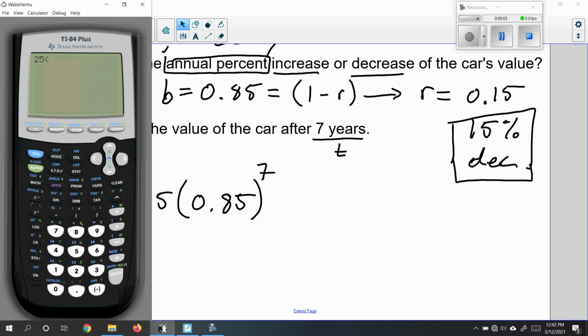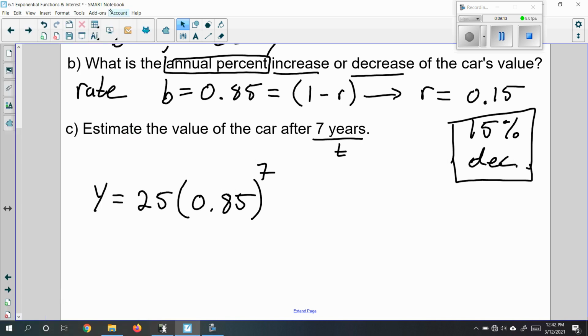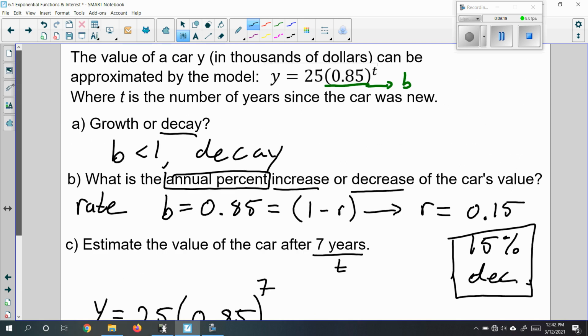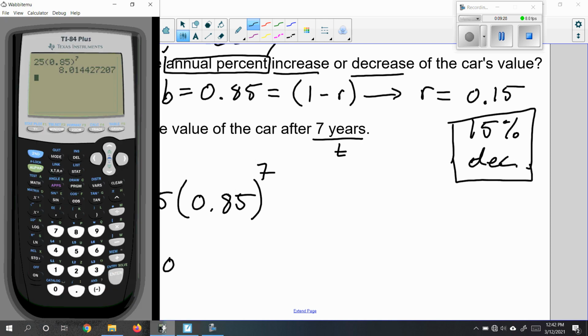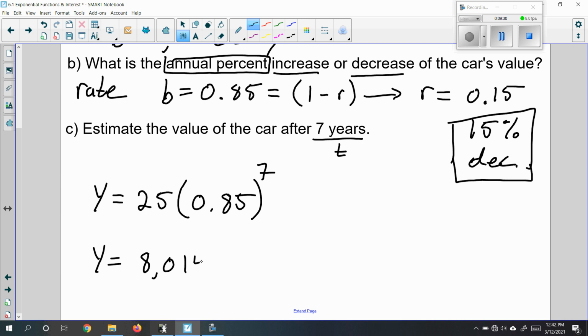The value of the car after 7 years is 8.0. Well, 8.0 what? The value of y was in thousands of dollars. So this is valued at $8,014.